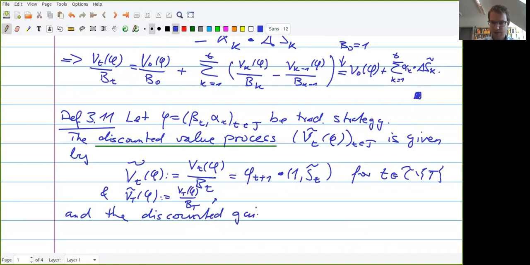So these are the gains or losses we make by trading with respect to phi in the underlying market.